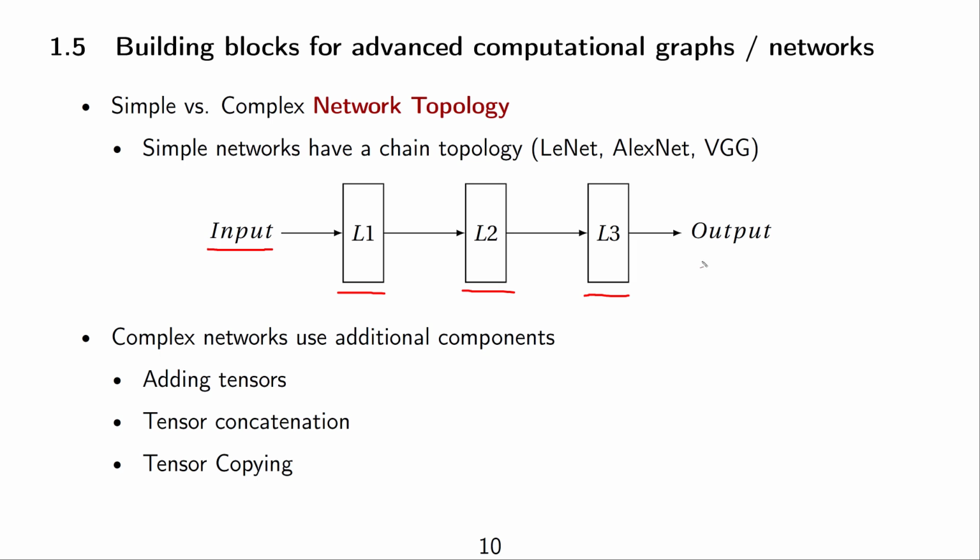That means we don't have any branching in the network. Complex networks use additional components, such as adding tensors together, tensor concatenation, and tensor copying.